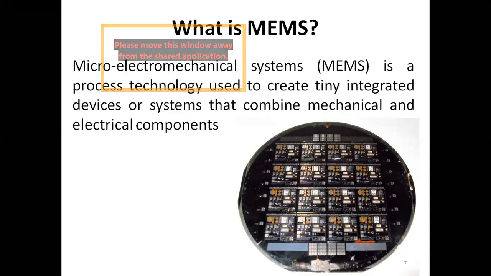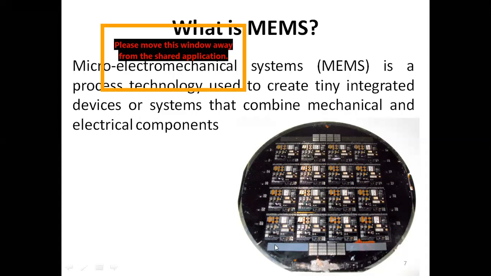Normally the overall size of the device is less than 1 millimeter. The minimum feature sizes are in micrometer or nanometer. And normally for the fabrication, we use standard IC technology and silicon-based technology.